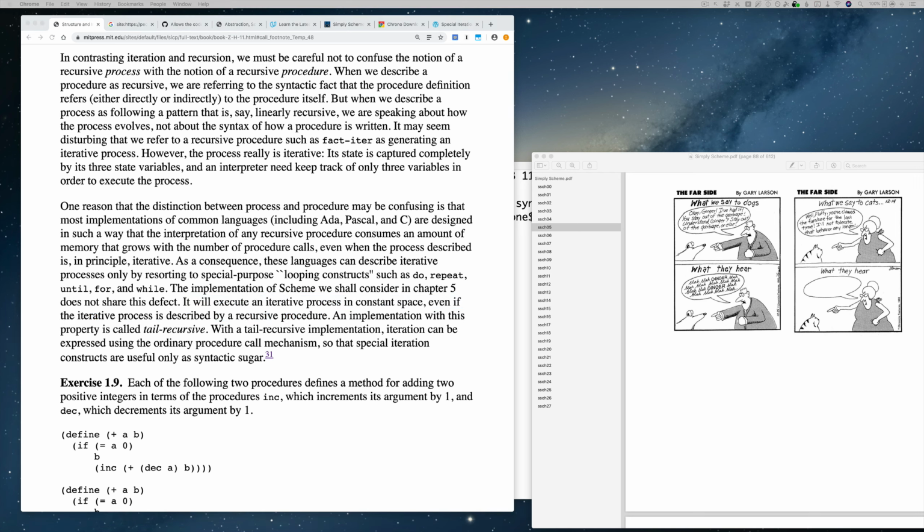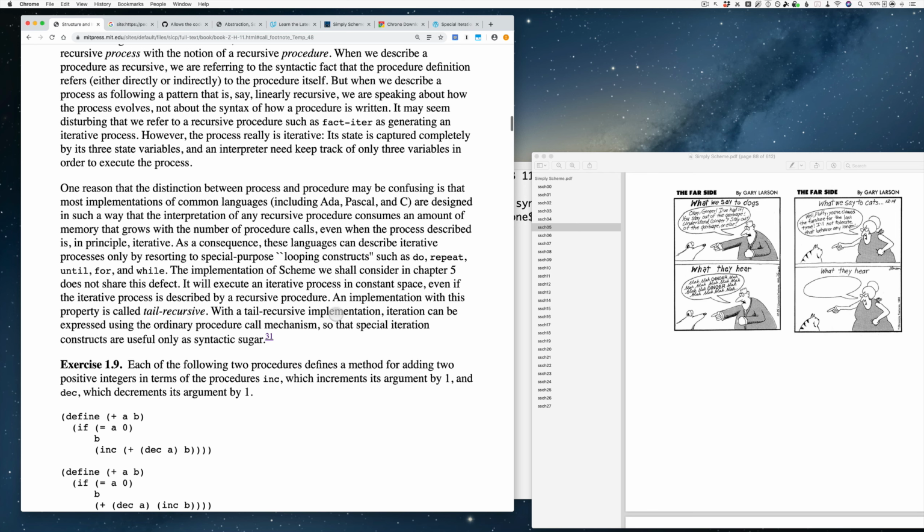So that's an advantage of this version of Scheme. An implementation with this property is called tail recursive. With a tail recursive implementation, iteration can be expressed using the ordinary procedure call mechanism, so that special iteration constructs are useful only as syntactic sugar.